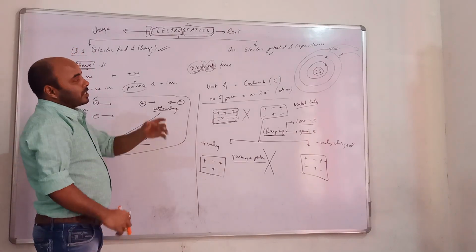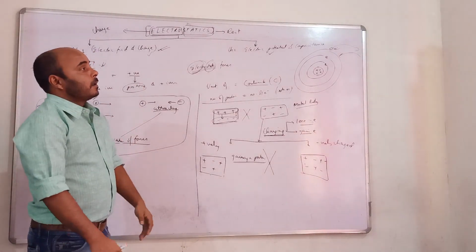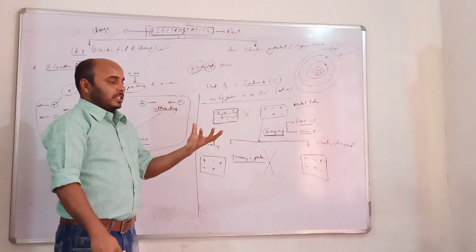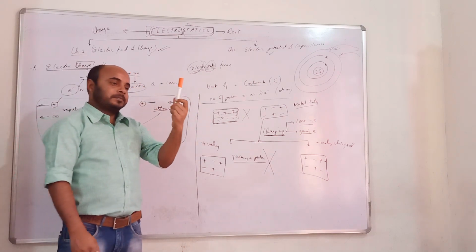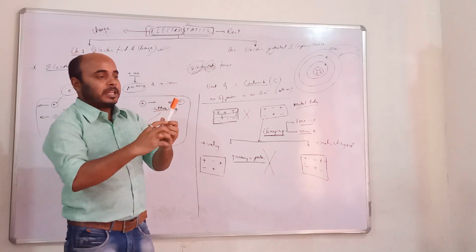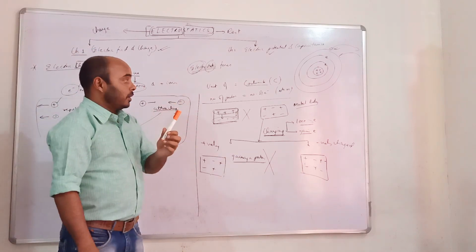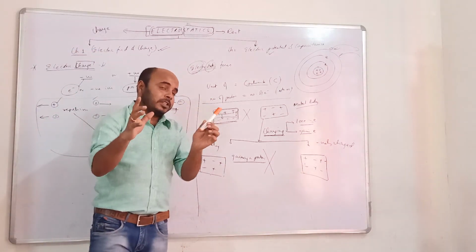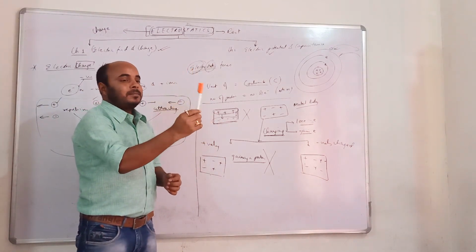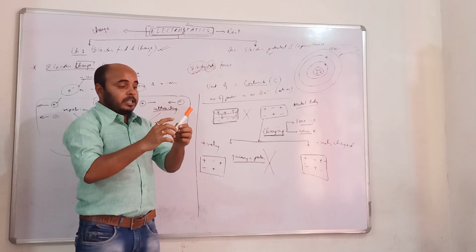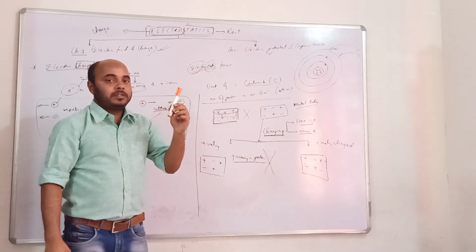Now, sometimes a conceptual question comes like this. There is one substance, for example, this marker. This marker becomes a negatively charged body. Listen very carefully, it's a very important conceptual question. This marker has some mass. It becomes a negatively charged body.